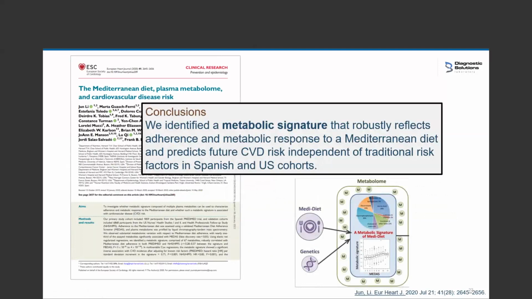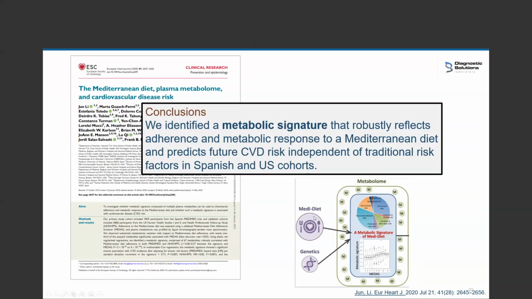They identified that adherence to that could predict future cardiovascular disease risk independent of traditional risk factors. They did Spanish and US cohorts, and they note pretty good reproducibility of the findings in both populations, which speaks to their robustness.